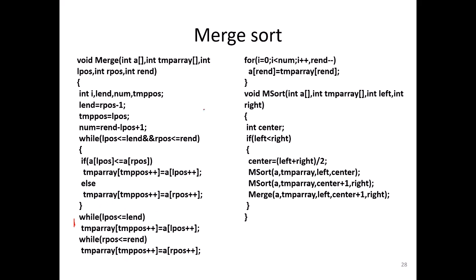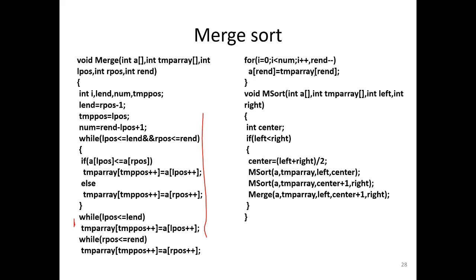After processing these things, the elements which were sorted are stored in the temporary array. So you are in a position to copy the sorted elements available in the temporary array to the original array. For the purpose, we are using this loop: for i equal to 0, i less than number, i plus plus, and right hand minus minus.